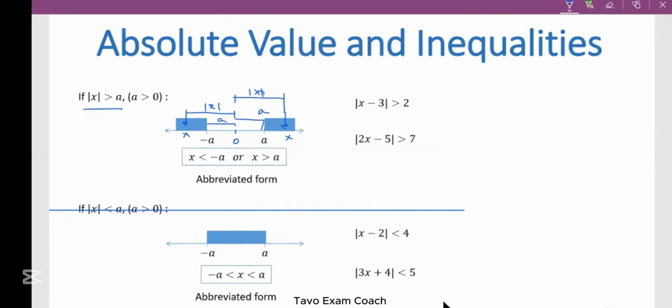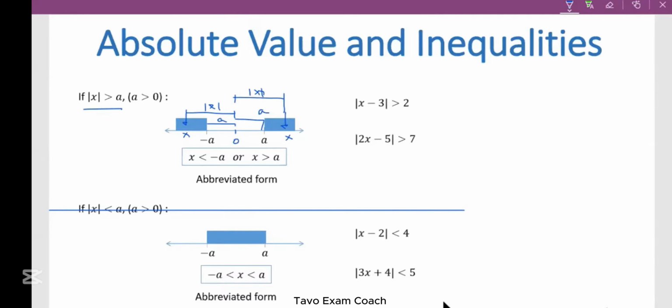In other words, the value of x should be less or to the left of negative a. For those values to the left of negative a are always at a greater distance than a units from 0.